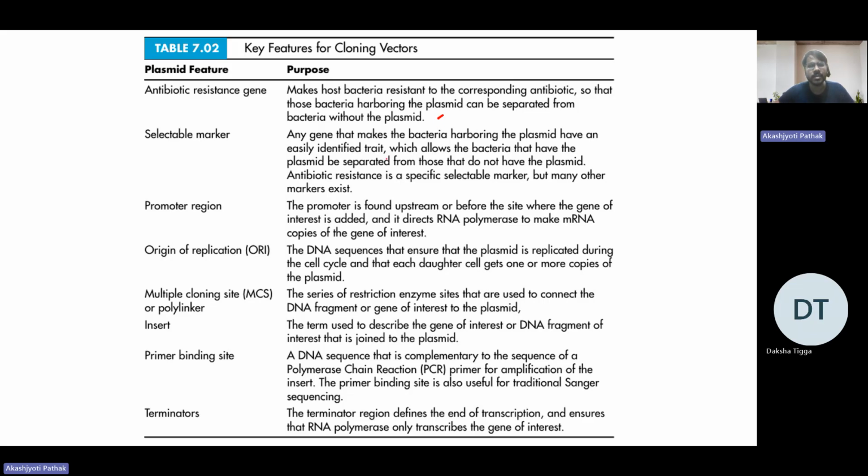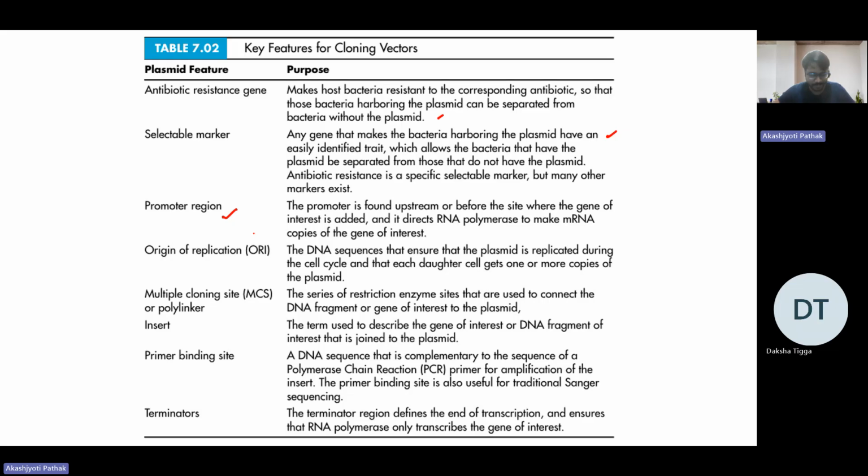Then there will be selectable markers. Any gene that makes a bacteria harboring the plasmid have an easily identified trait, which allows the bacteria that have the plasmid to be separated from those that do not. Antibiotic resistance is also an example of a selectable marker. Why do you need a promoter?